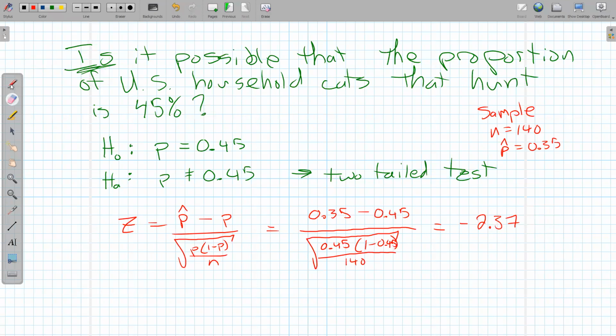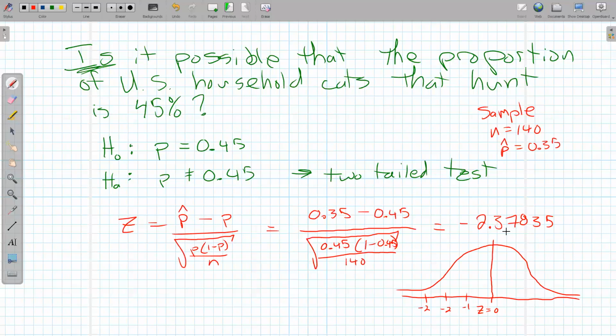All right, so thinking about z-scores, if it's outside of 2 standard deviations, we consider that to be unusual. This is outside of 2 standard deviations. So thinking about a normal distribution here, z equals 0 is in the middle. 1, 2, 3 standard deviations out to the left. This one right here, that's a negative 2.4, lives about right there-ish.